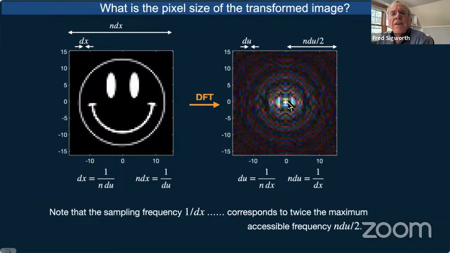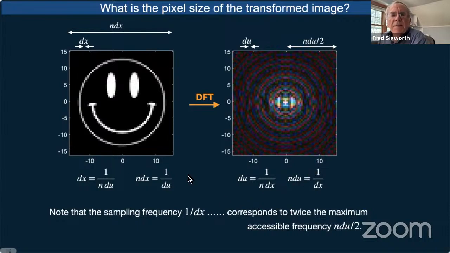That is, as you move from one pixel to another, you're increasing the frequency of the grating by one cycle per the entire width of the object. Now, what about this? Well, this is zero frequency in the center, and this is high frequency over here on the edge. N over 2 of the frequency pixels.